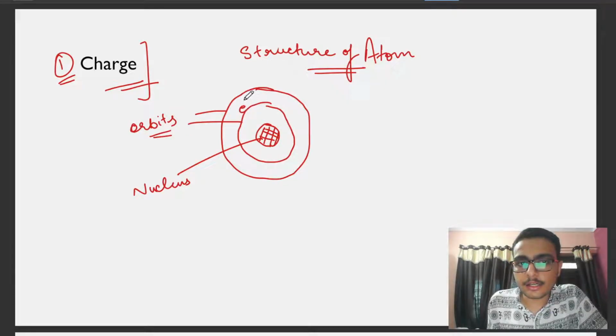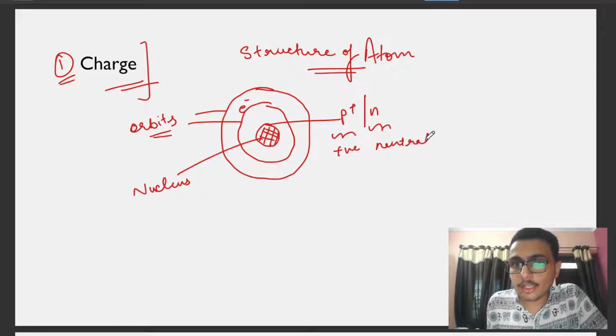Here we have protons and neutrons. Protons are positively charged, neutrons are electrically neutral, they don't have any charge, and electrons are negatively charged.